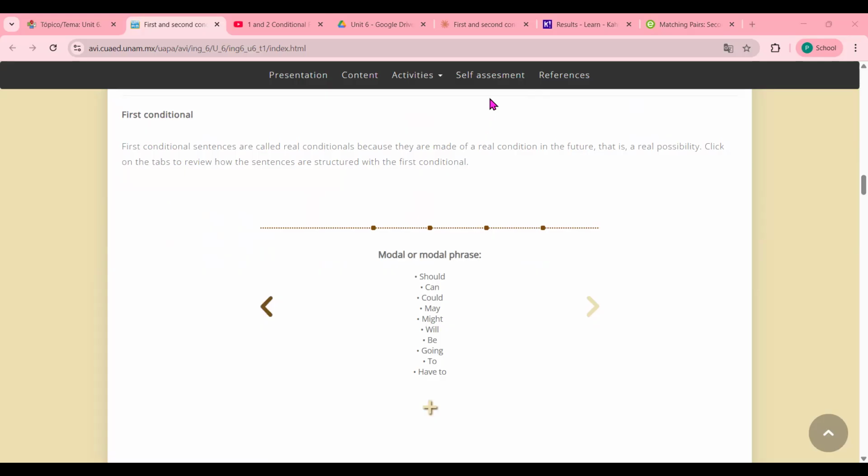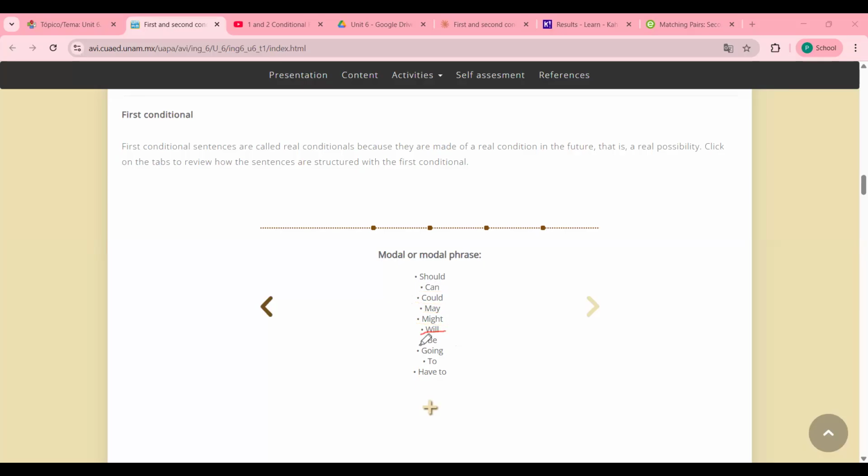With a modal or modal phrase. Should in present. Can, could, may, might.